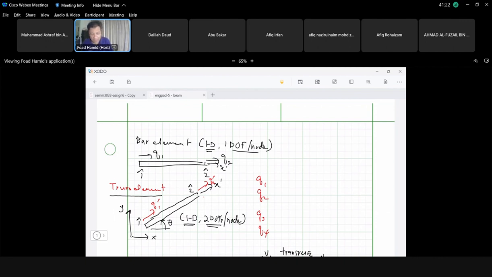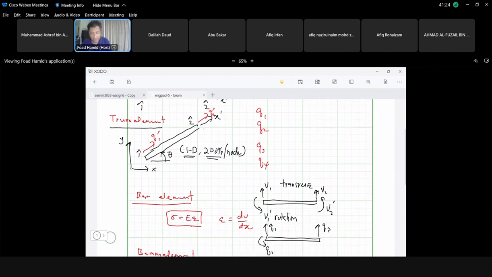Now, what we did is beam element, which has 2 degrees of freedom. It is still a 1D element with 2 DOF per node. And what are the degrees of freedom? Which is our transverse displacement, V1, and our rotation at node number 1, which is V1 prime.